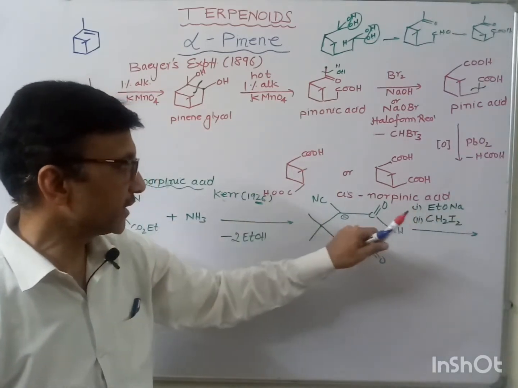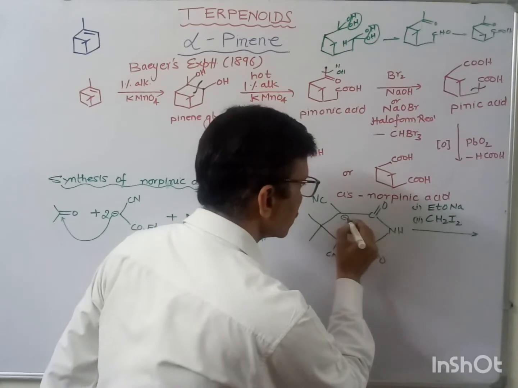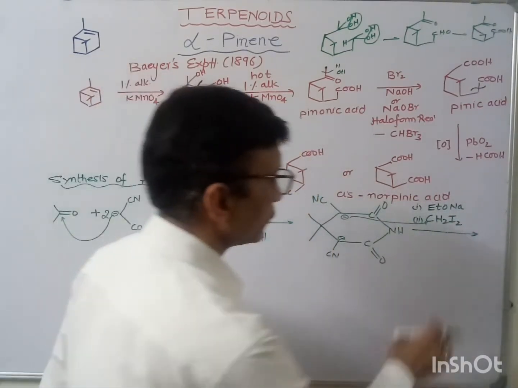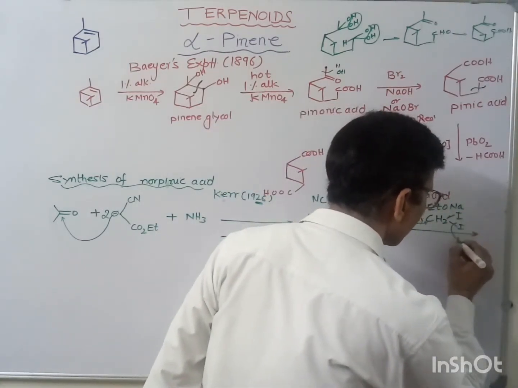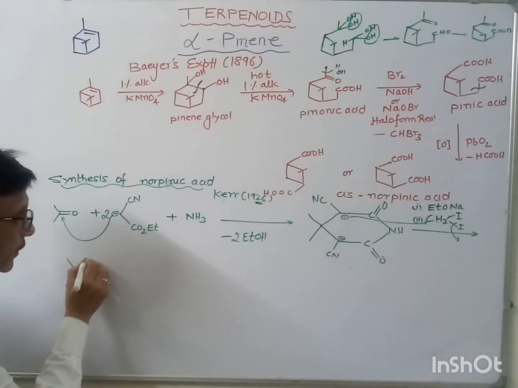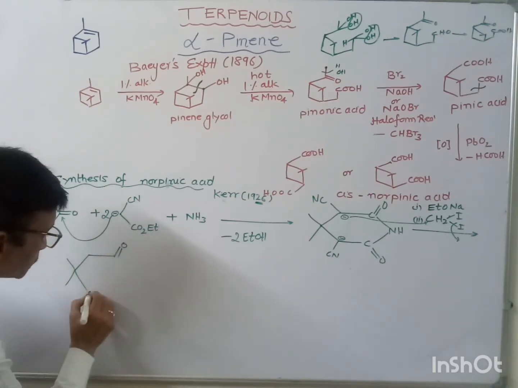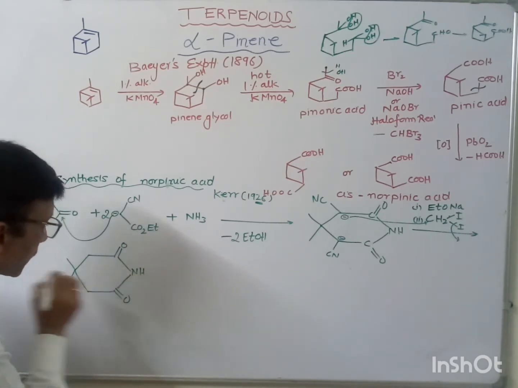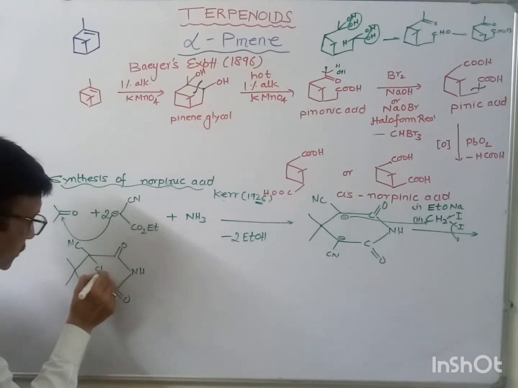So the sodium ethoxide will remove the acidic hydrogen from this position, and the CH2I, now this will attack here, and one of the I will be removed. So we may write here I, and one of the I will be removed. And finally, we may write here CN and CH.